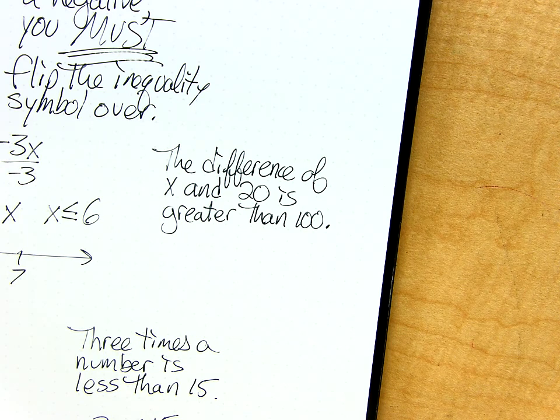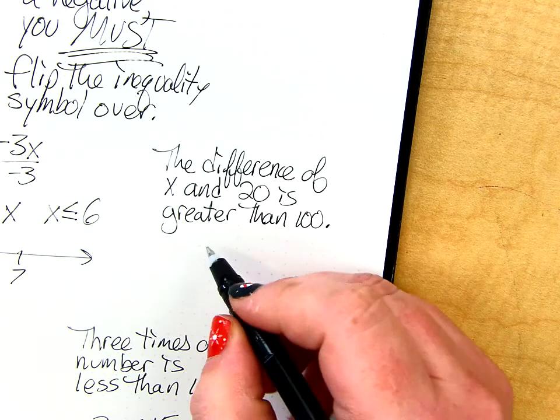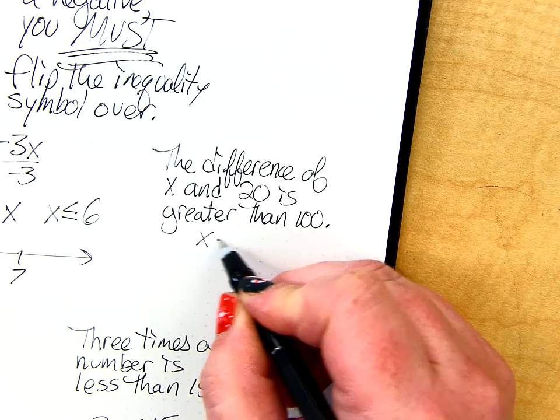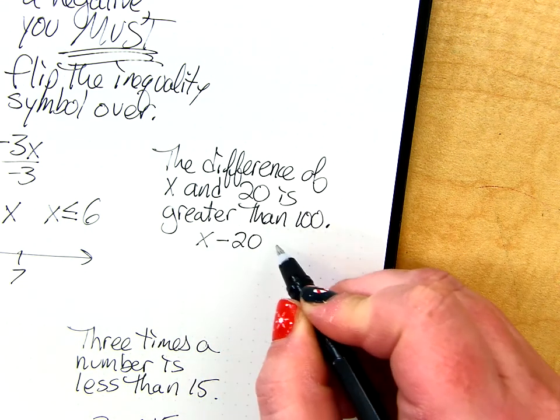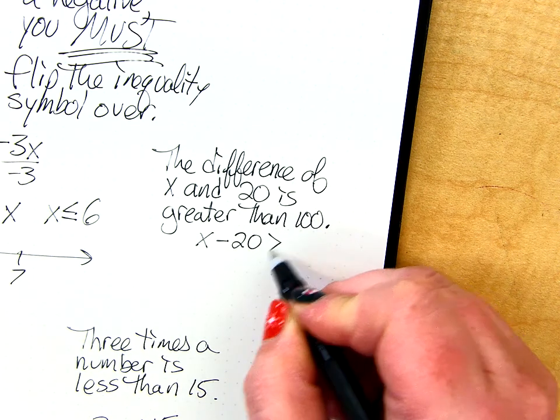So see if you can write that inequality and then solve it. Think back to what operation difference is. Go ahead. x minus 20 greater than 100.